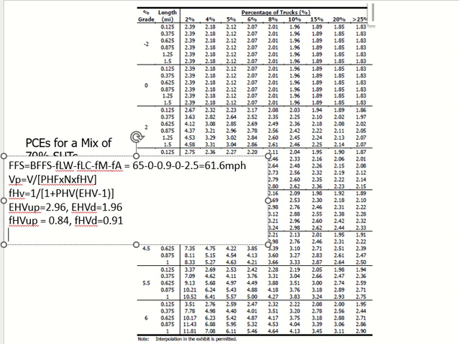Okay, then how much is VP upward and downward? Peak hour factor is how much? 1.75.